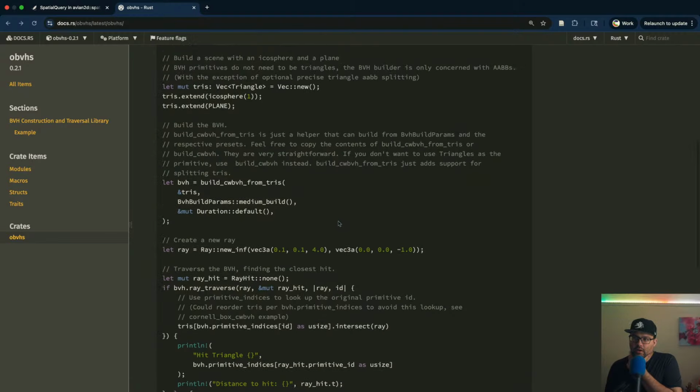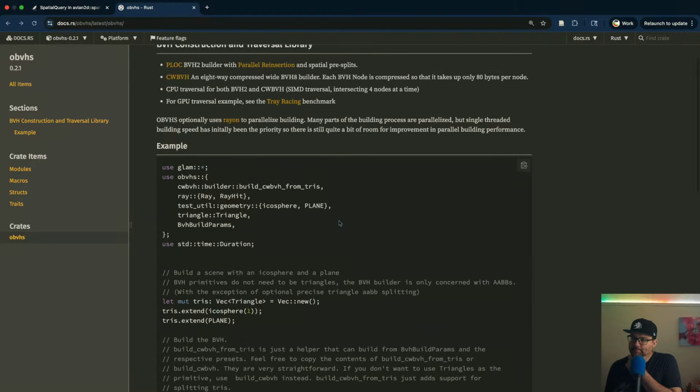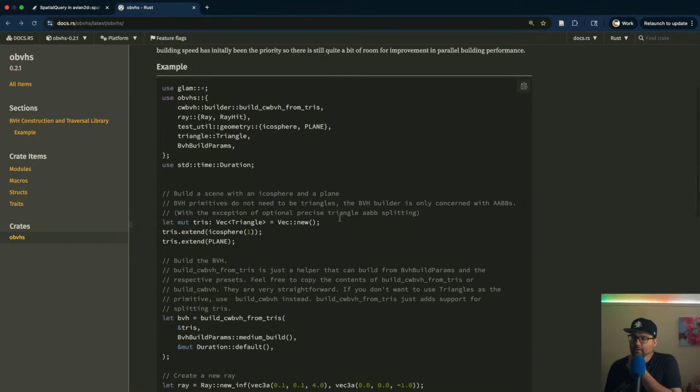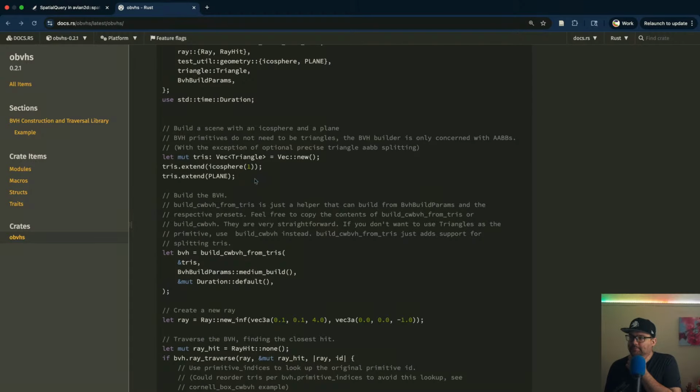It's a little bit harder to explain because it's just kind of like, oh, you're using this API. BVH primitives do not need to be triangles. The builder is only concerned with AABBs, with the exception of optional precise triangle AABB splitting. I think we do have all the triangles, so we could just shove them all in.